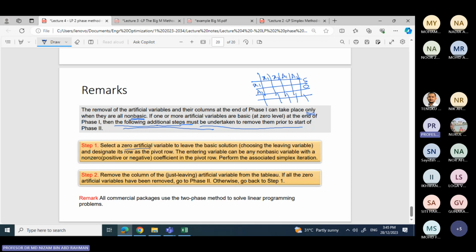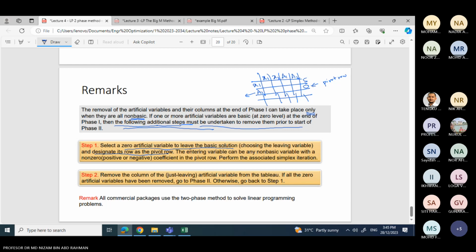Select 0 artificial variables to leave the basic solutions, meaning that this is going to be leaving. No matter what, I'm going to take it out from the system. And designate its row as a pivot row. And you designate this particular row as a pivot row.